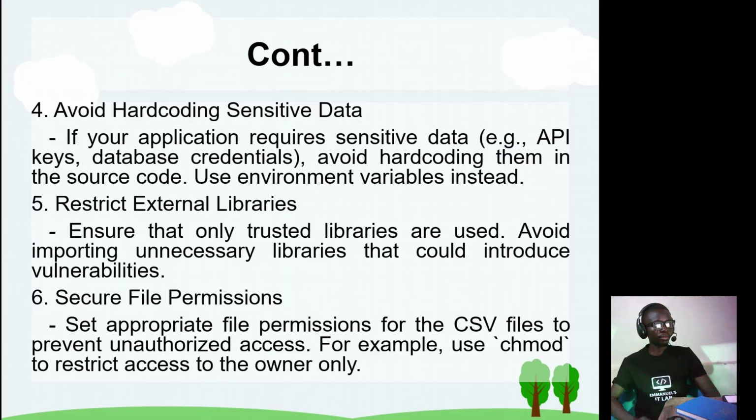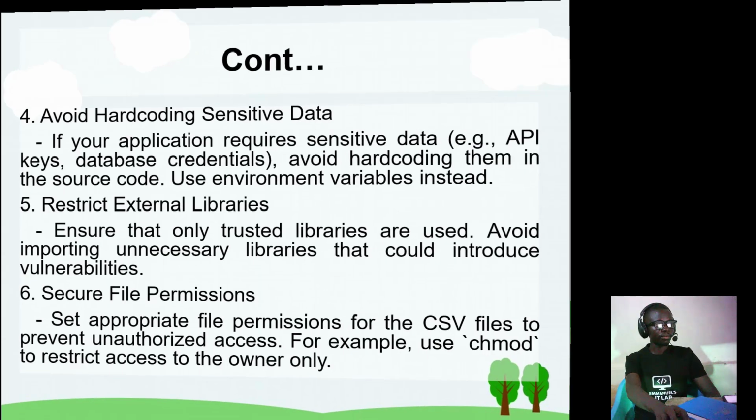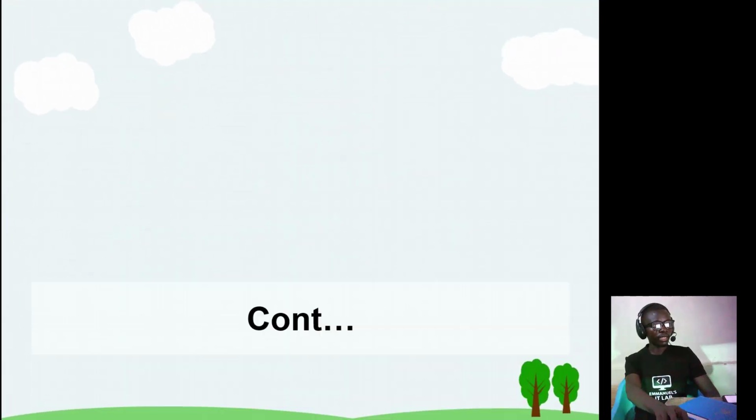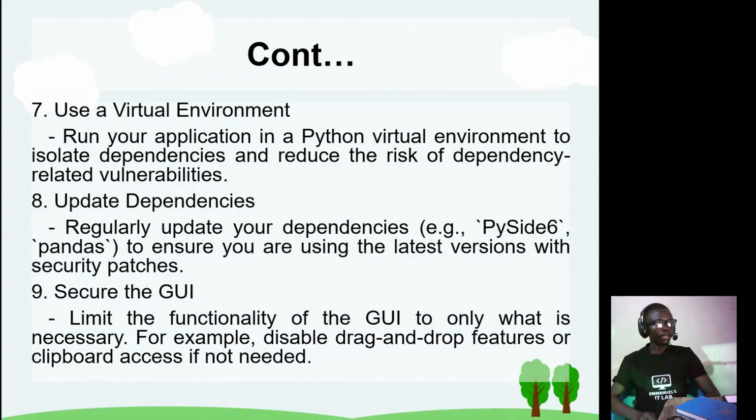Ensure file permissions are secure. Set appropriate file permissions for CSV files such that there is no unauthorized access. Then also use virtual environments. Run your Python in a Python virtual environment to isolate dependencies and reduce risk of dependency-related vulnerabilities.